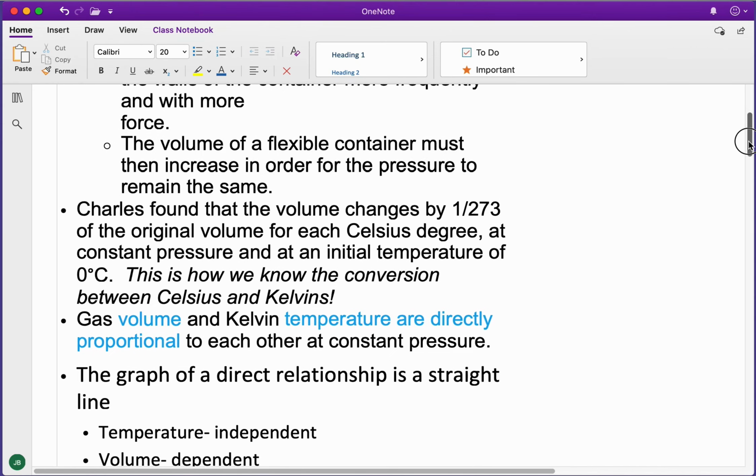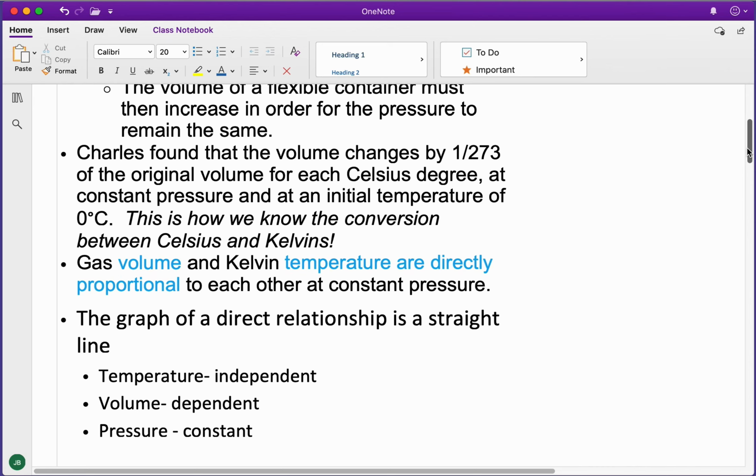Now, Charles discovered that the volume changes by 1 over 273 of the original volume for each Celsius degree. And this happens at a constant pressure and at an initial temperature of 0 degrees Celsius.